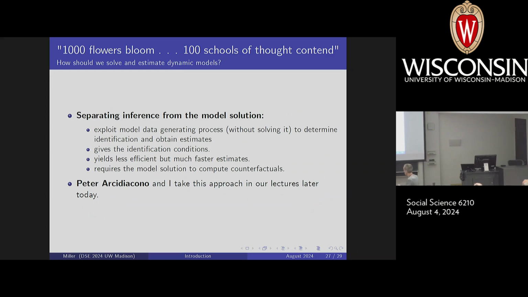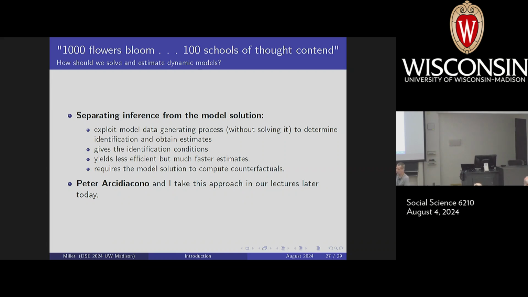We could separate the inference from the model solution. Okay? So that's what I'll be talking about, and also Peter later on today. Here we're exploiting the model data generating process without actually solving for it.